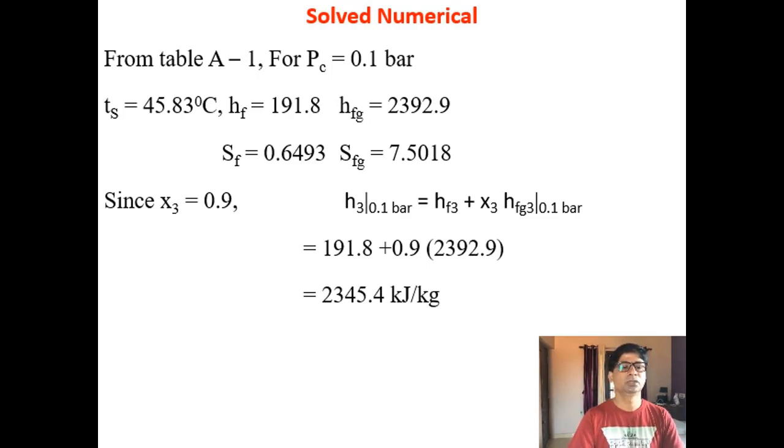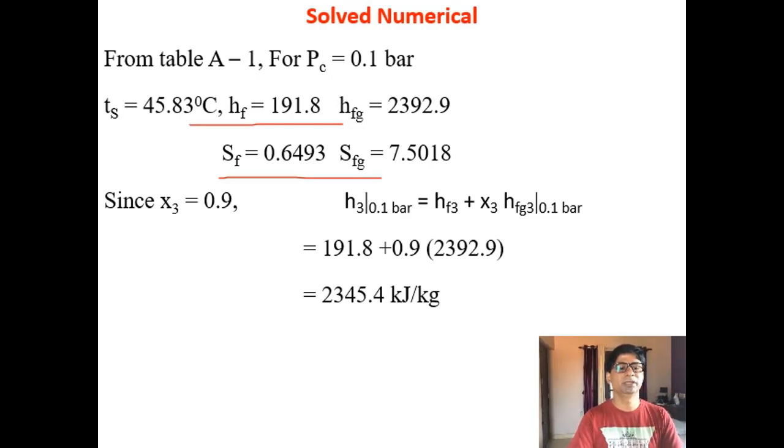Once you note down these points, these are applicable to 0.1 bar pressure, which are points 4 and 3. If you want to find h4 or h3, you have to use these values.